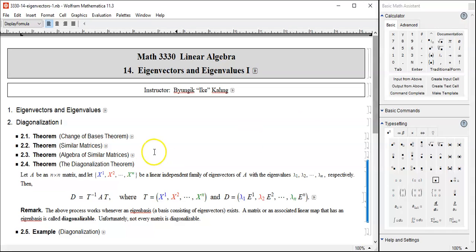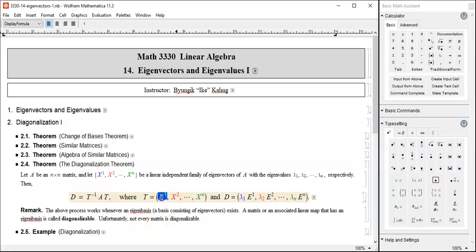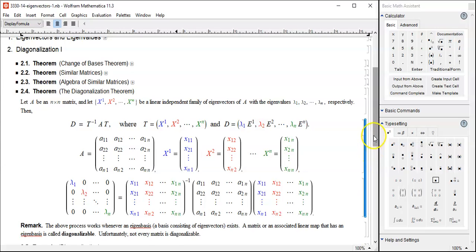And if we do that, then simply take the coordinate expressions of each eigenvector, x1 in the first column, x2 in the second column, and so on, and xn in the last column. Then this expression T inverse AT turns out to be the diagonal matrix with all those lambda 1, lambda 2, and so on in the diagonal entries like this.